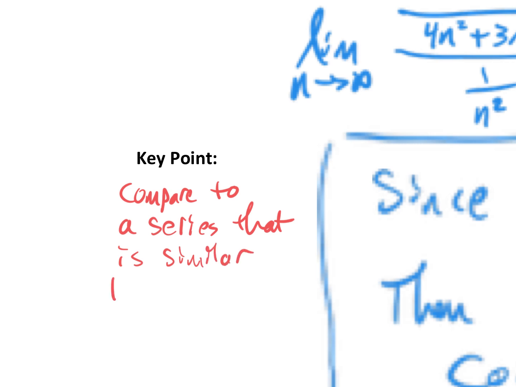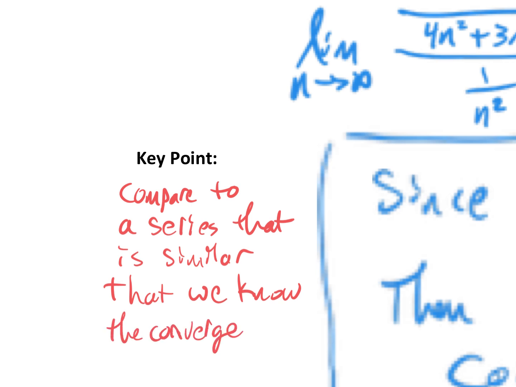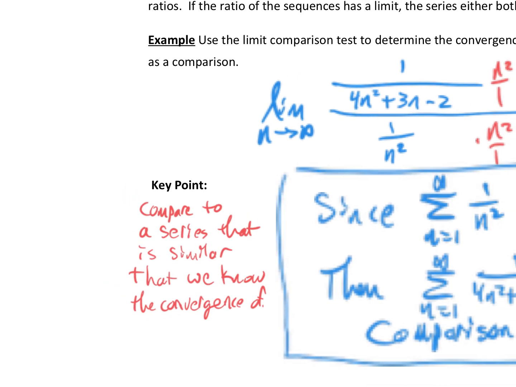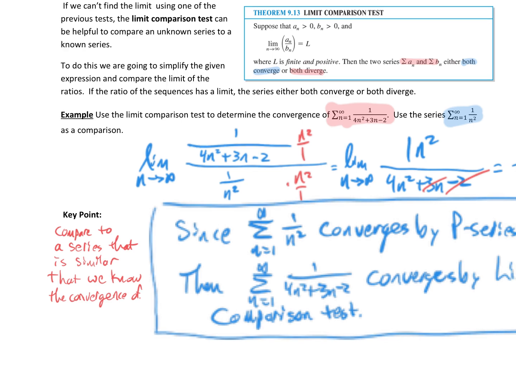Because if we don't know the convergence of either of the series, then it doesn't tell us anything, right? When we say we know the convergence, that means we know whether it converges or not.